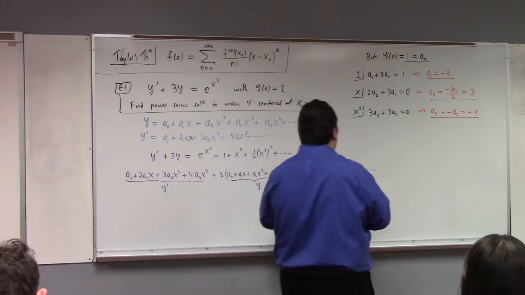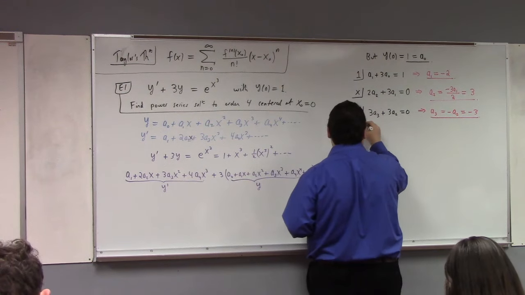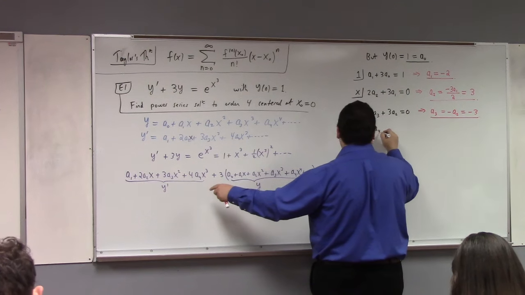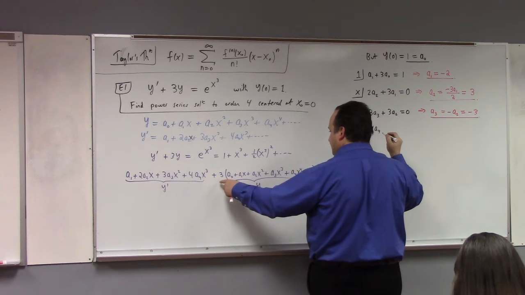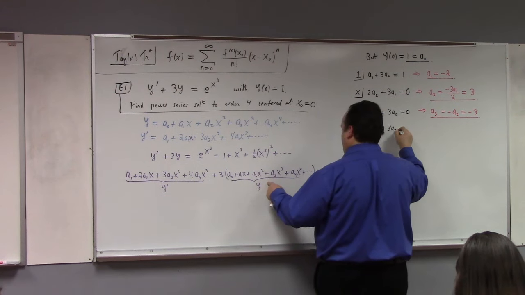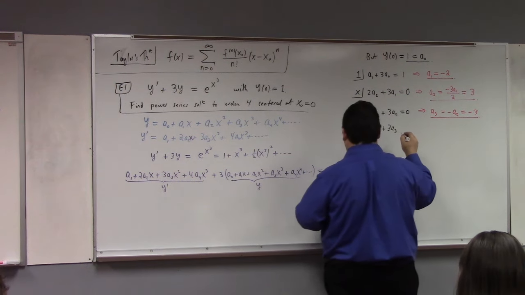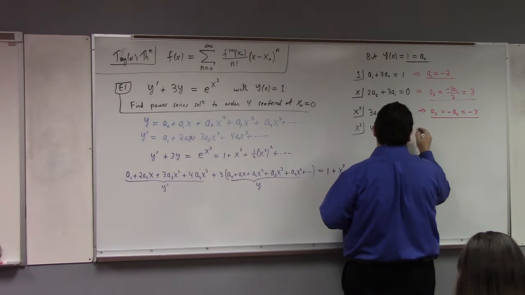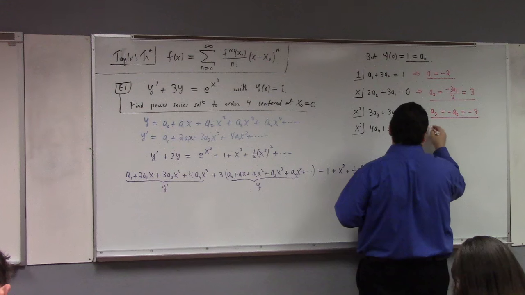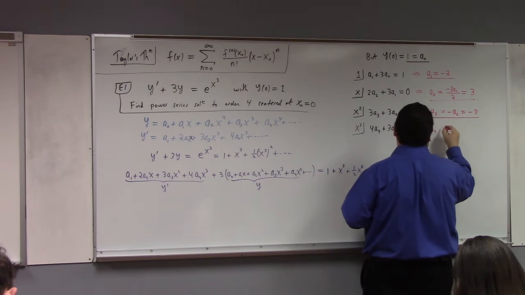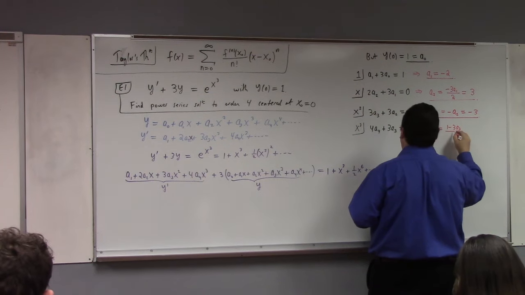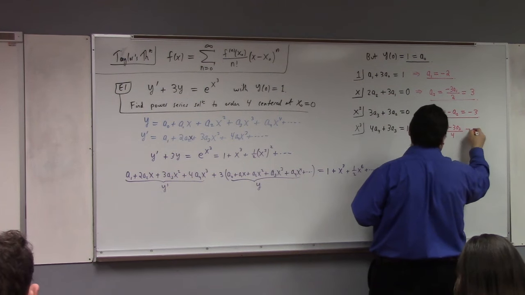Because you can divide by 3 and you get that a3 is minus a2 there, right? Now for x cubed, what we got there? For x cubed, we've got 4a4 plus 3a3. And, oh, we got a 1 on the other side equals to 1. So apparently, a4 is equal to 1 minus 3a3 divided by 4.